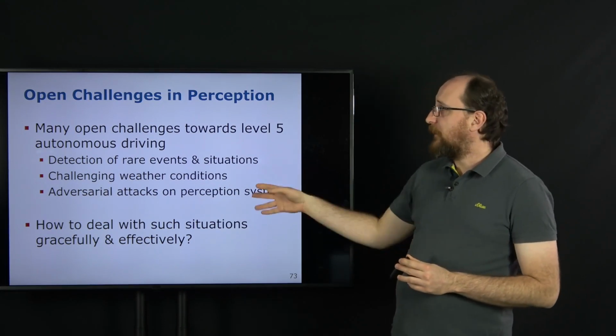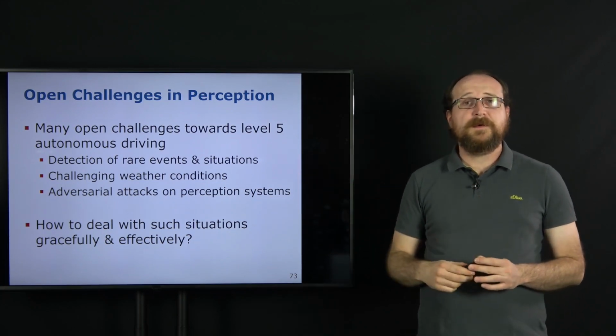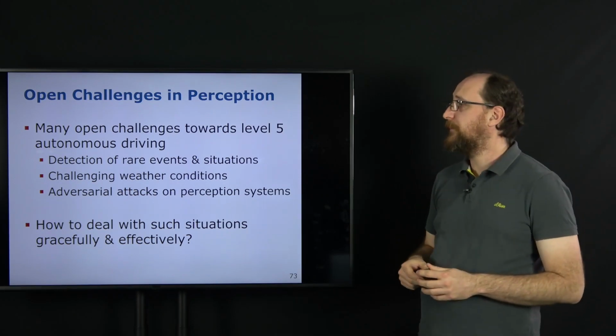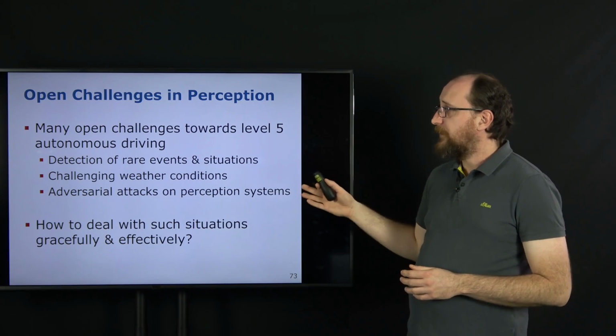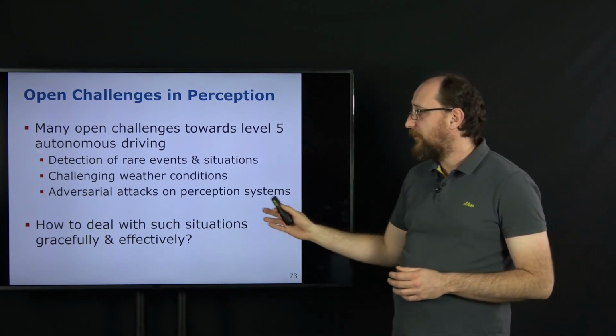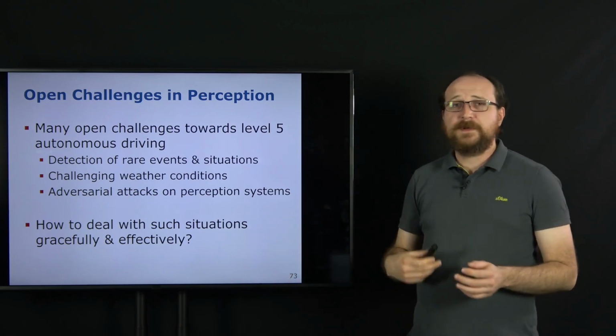And these are effects that are very challenging and need more research and more development also by the car companies. And the very important question is not only to detect or handle such cases, but how to deal with such situations in a way that is graceful and efficient.